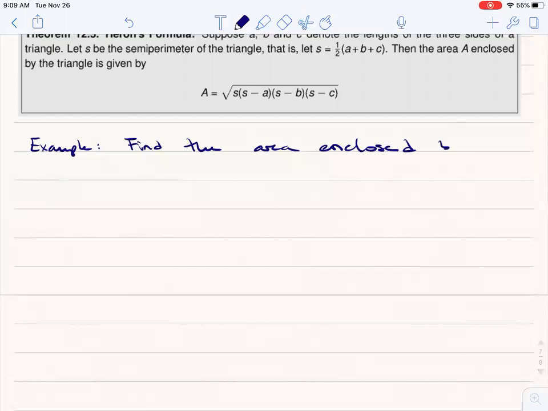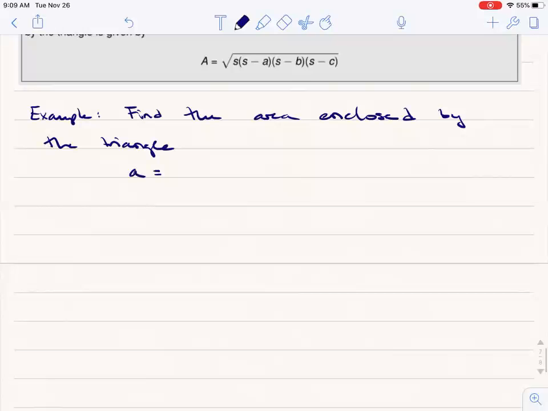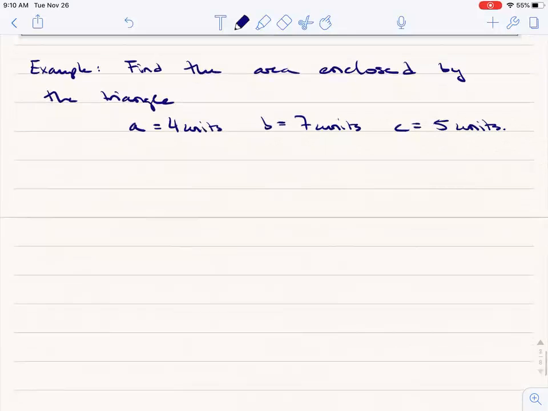Find the area enclosed by the triangle where A is 4 units, B is 7 units, and C is 5 units. So I think you've noticed on that last assignment that I gave you, it just asks, you have to solve the triangle and then you have to find the area, right? And so you can find the area using either of the formulas.